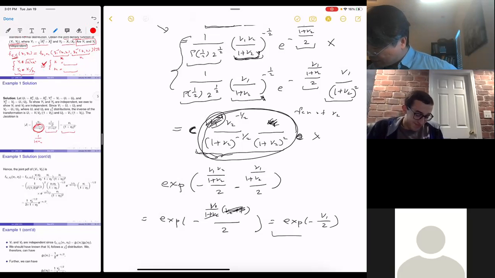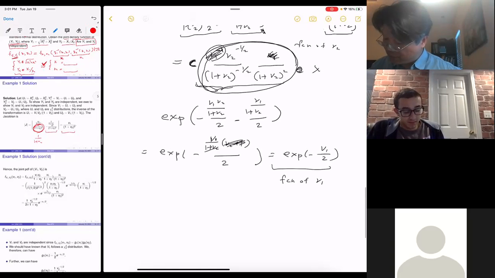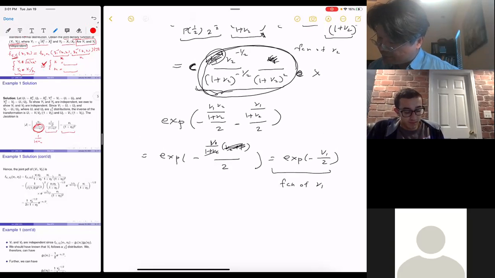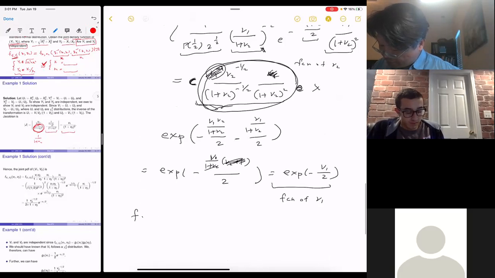Then the second part, this guy is only a function of V1. You got it. Okay. So let me say one more. Give me one more minute. I want to say that it's okay. So although I said I want to show that V1 and V2, if I can show that it's a product of marginal PDFs.